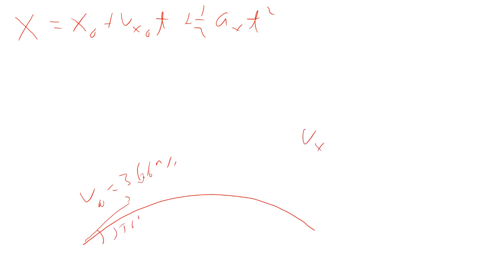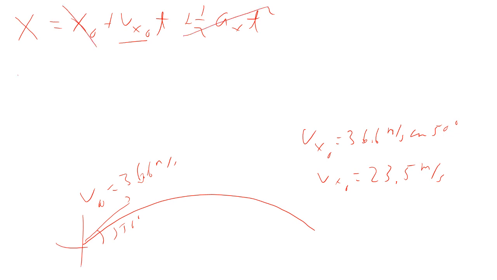So Vx naught is going to be 36.6 meters per second times cosine 50 degrees, which is equal to 23.5 meters per second. Okay, so that means we know this. We can put our origin right there, so x naught is 0. There's no x acceleration, so x is just going to be vx naught t.